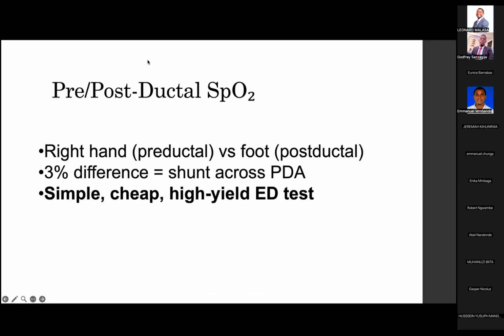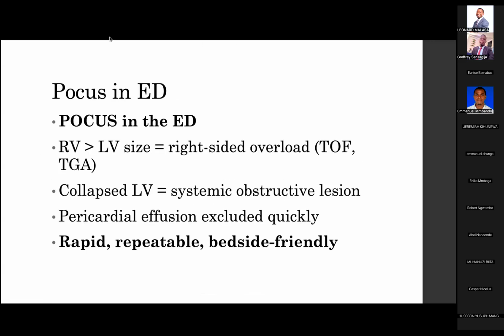And Moiz is going to talk about POCUS, I think, in the ED. All right, POCUS is something that is dear and near to my life and my heart, because I have made some major decisions when it comes to my patients. And even in these small little people that we call infants and neonates, you can do a POCUS, okay? So let's say the right ventricle is larger than the left ventricle, right? Then the right side is overloaded.